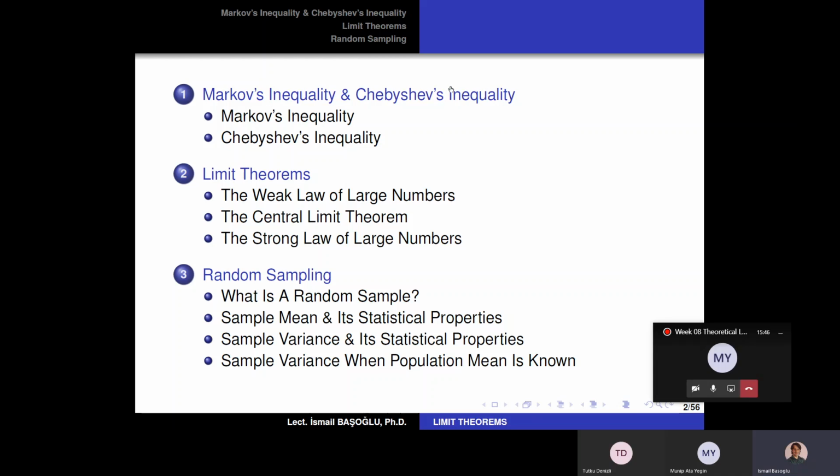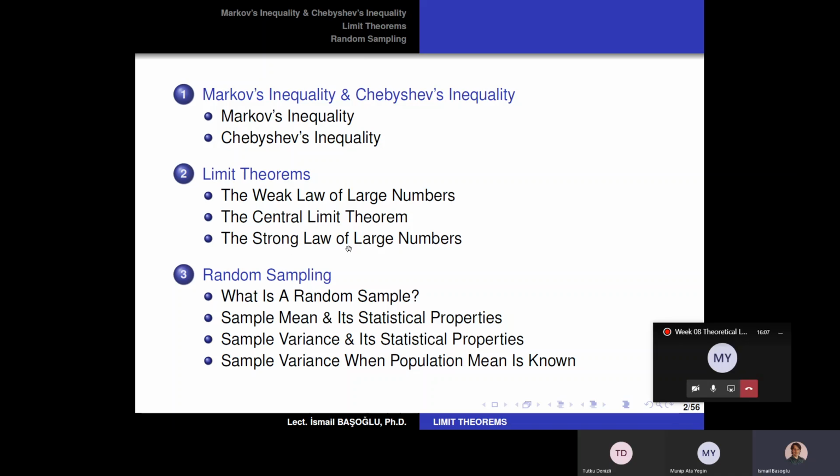So again, Markov and Chebyshev are two scientists. They have provided simple inequalities that help us to comment on the probabilities if we do not know the distribution. And then we are going to go through the limit theorems. We are going to learn the weak law of large numbers, then the central limit theorem, then the strong law of large numbers.